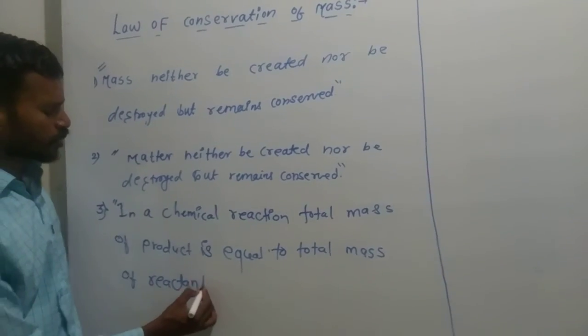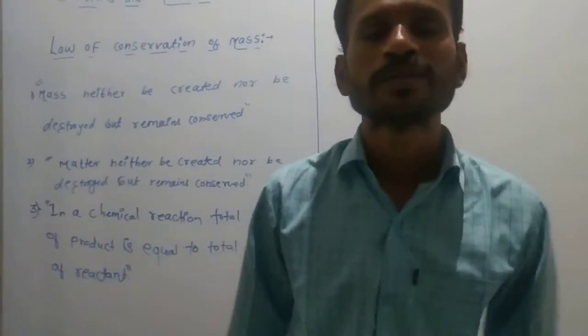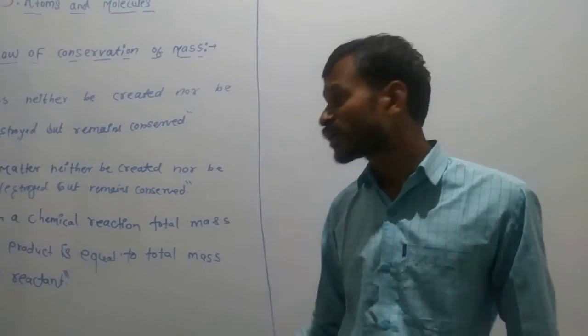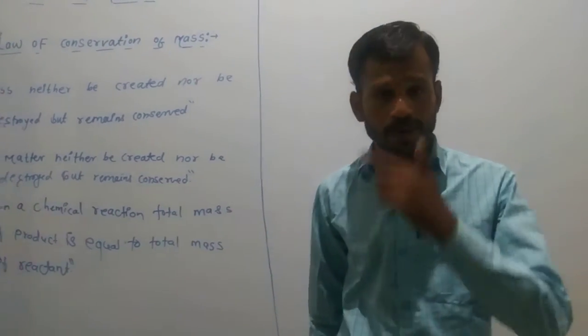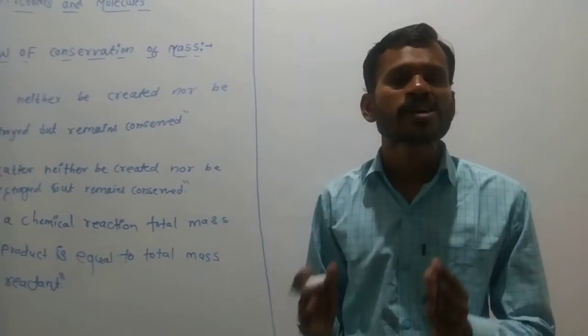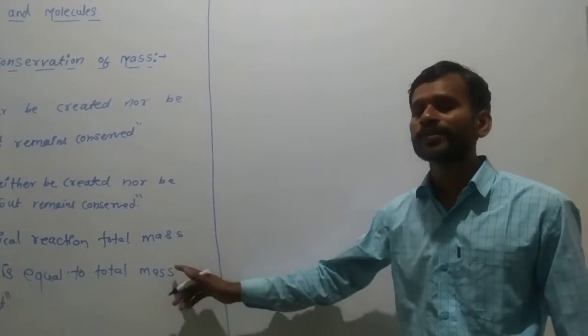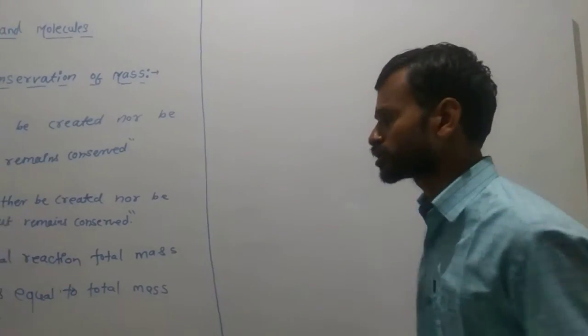Total mass of product is equal to the total mass of reactant. This is again one of the statements of the law of conservation of mass. It means the mass of reactant is equal to the mass of product. It is also the simple statement of this law.